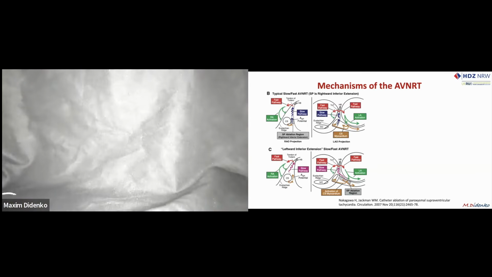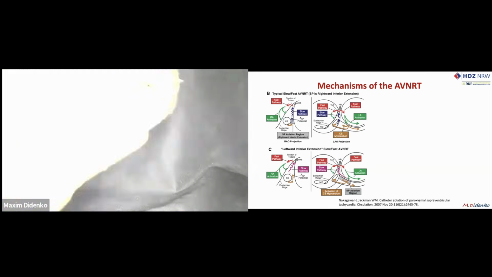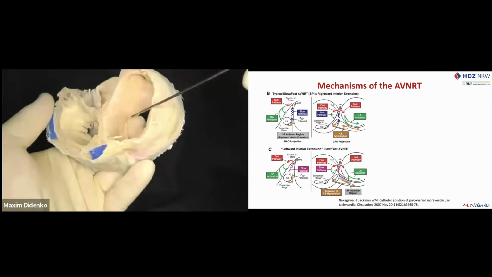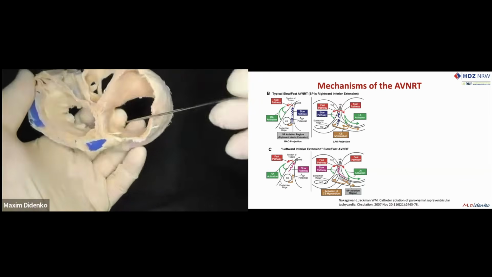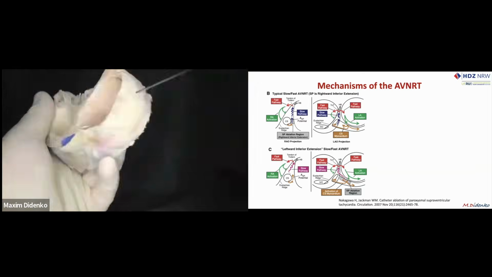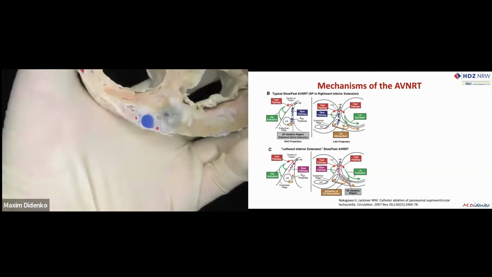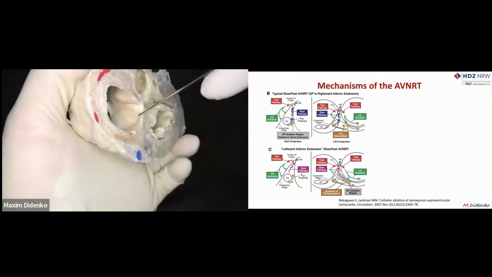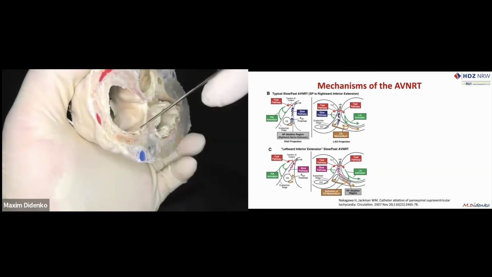So this is the right atrium, left atrium, aorta here. This is the coronary sinus, and this is the slow pathway area. I will show from this side. This is the membranous septum where the His is located. Here is the AV node, slow pathway again.